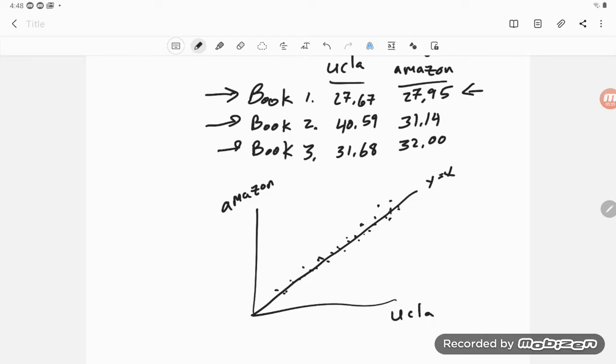Now, it could be it's mostly under or over, because what would it mean to be under the line? If I have something like this, it says Amazon is cheaper. If I have a point up here somewhere, it says the UCLA bookstore is cheaper. So I might expect one of the two to have more dots either under the y equals x line or over it, depending on which one I think might be overall cheaper. But nonetheless, I really expect those data to fall along this line.